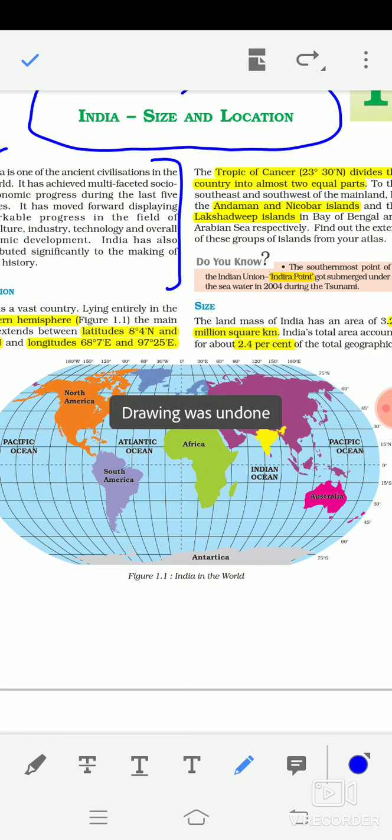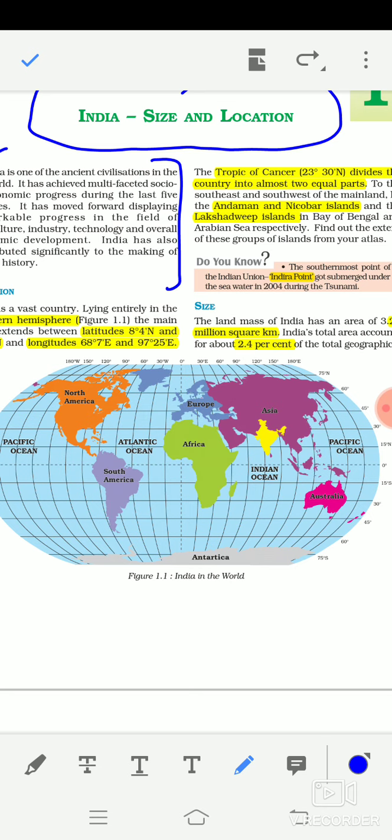Once again I will revise all these things. In the whole world, some horizontal lines are there, they are known as latitudes. Some vertical lines are there, they are known as longitudes. The 0 degree latitude is also known as the equator.